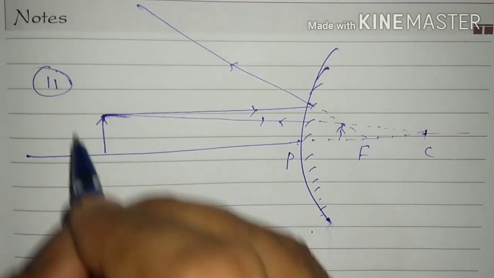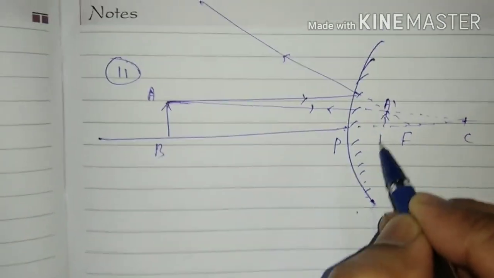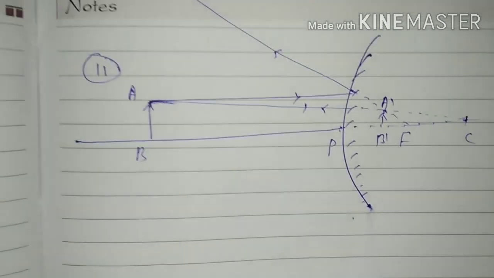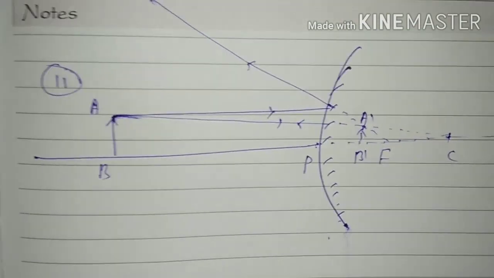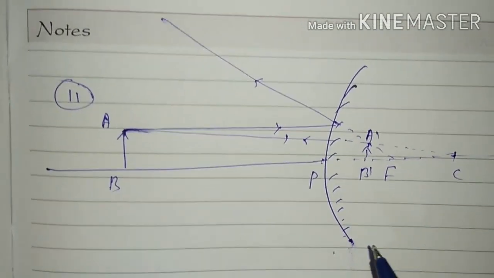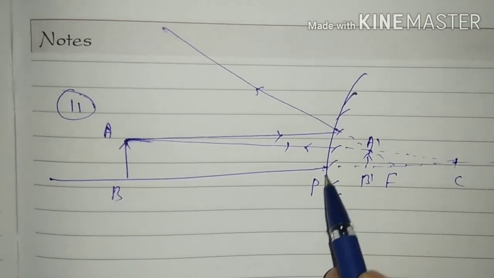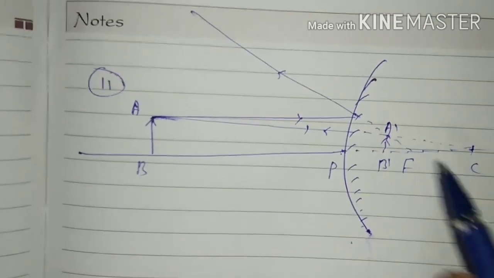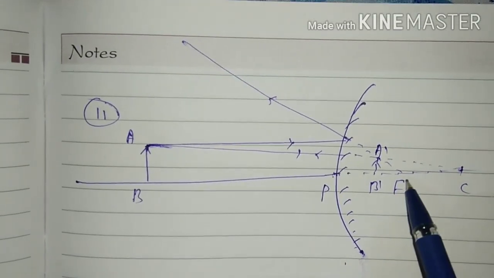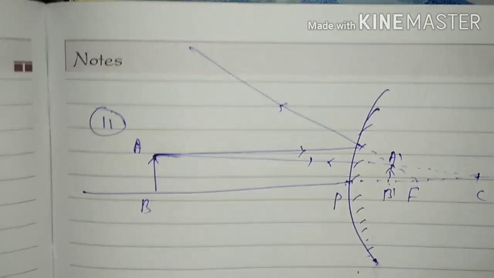Suppose we have object A, B, then a virtual and erect image of this object is formed here. So whatever be the distance of the object in front of a convex mirror beyond P, the image is formed between P and F. It is virtual, erect and diminished.